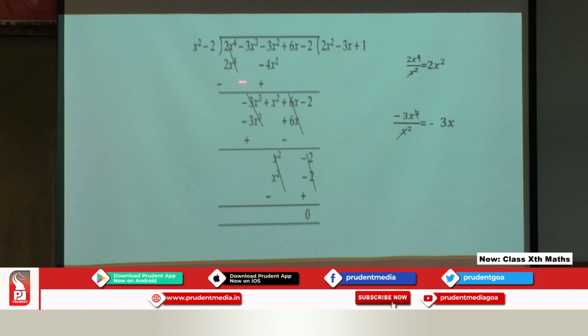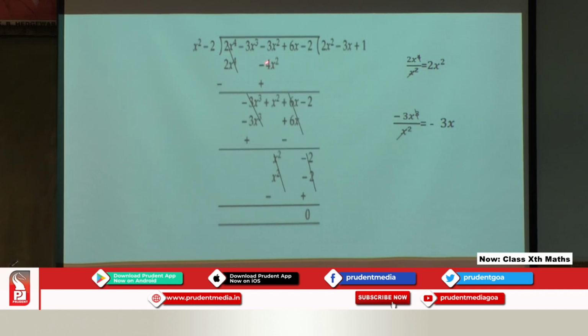Next we should subtract this, so after changing signs, here we got negative and here positive. The first term cancels, 2x raised to 4 minus 2x raised to 4, so we got 0. The second term, minus 3x cube, I brought down.